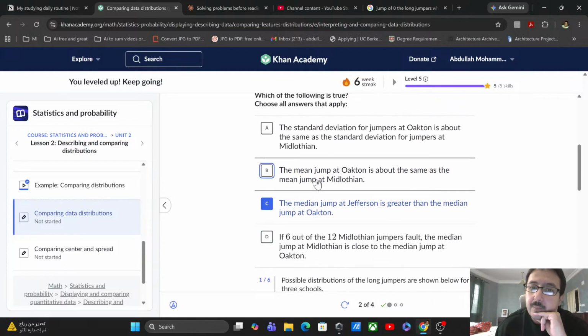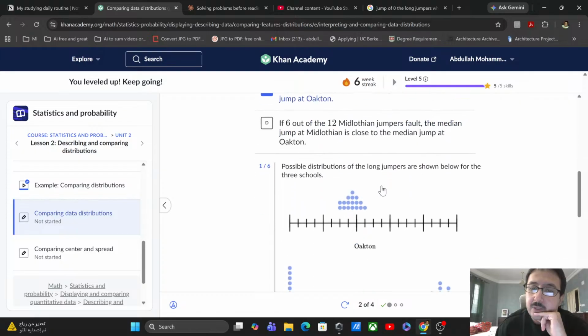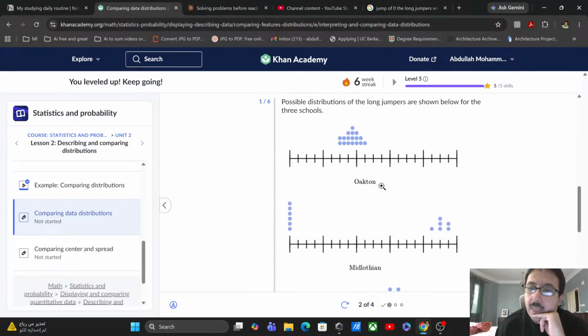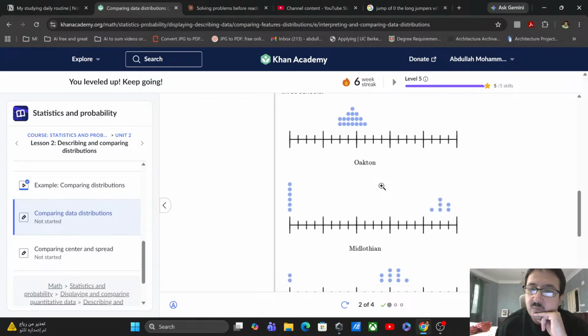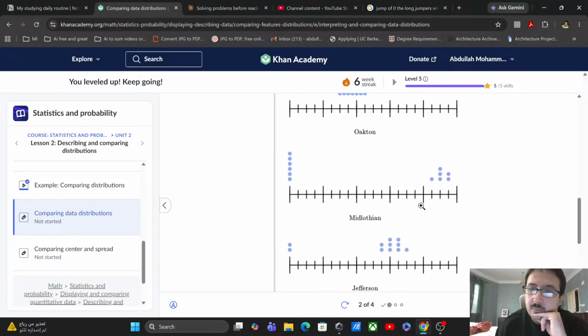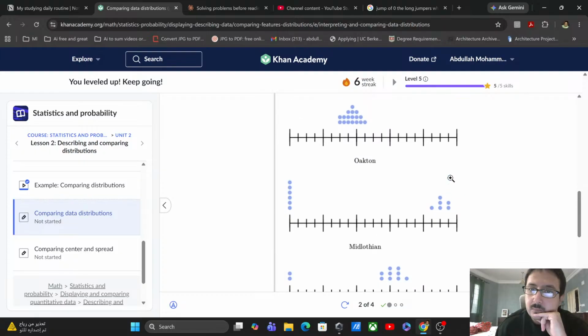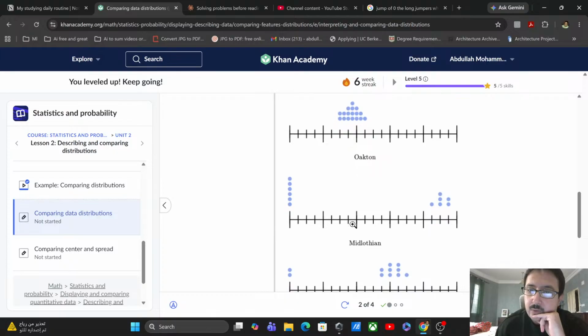The mean jump at Octane is the same as the mean jump at Middleton. Nope. So this would be the mean. Is it here? I don't think so, no.